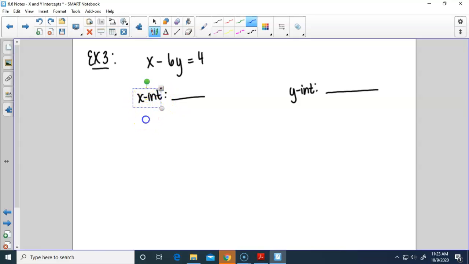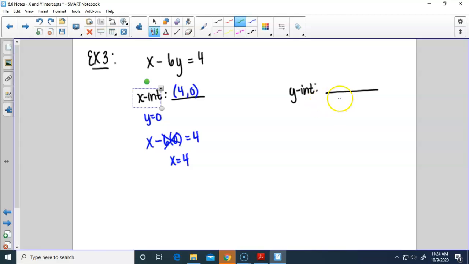So remember, for the x-intercept, that means y equals 0. So this y right here, we're going to replace it with 0. So x minus 6 times 0 equals 4. Well, 6 times 0 is just 0, and we end up with x equals 4. So our coordinates here are going to be (4, 0). Our x coordinate is 4, our y coordinate is 0.